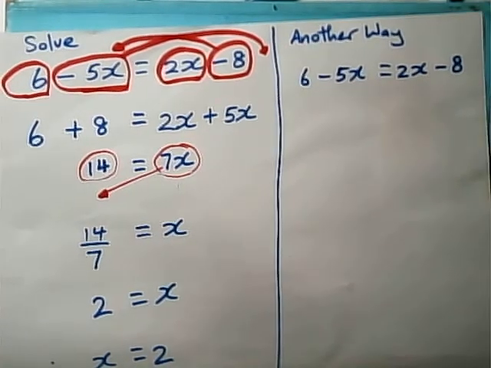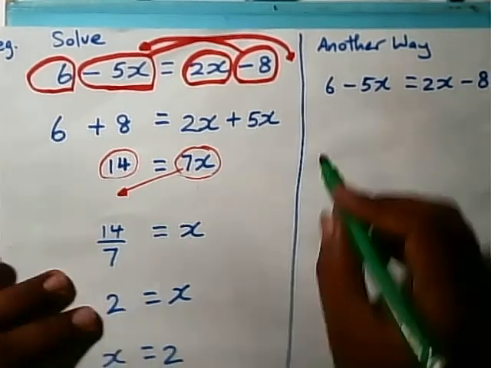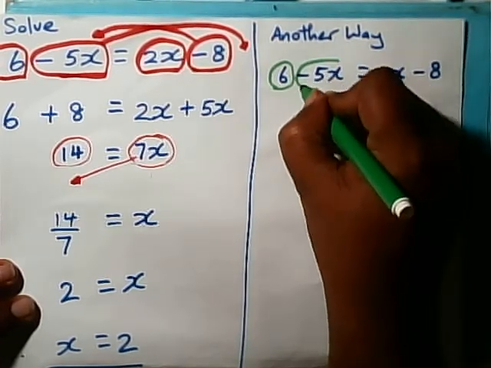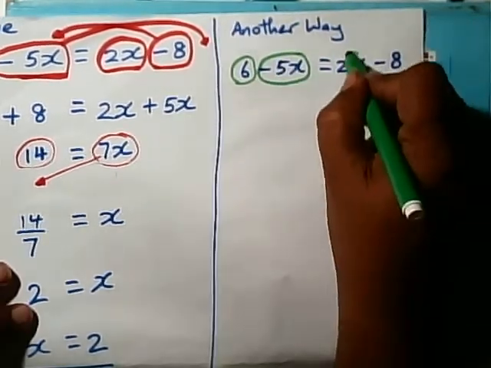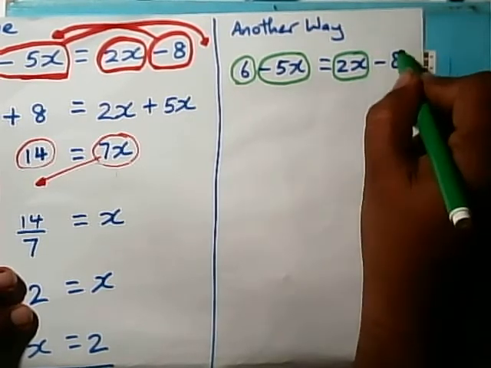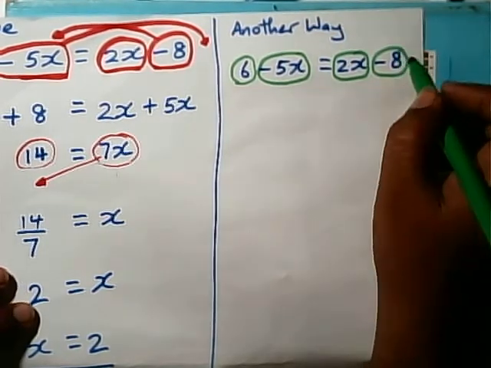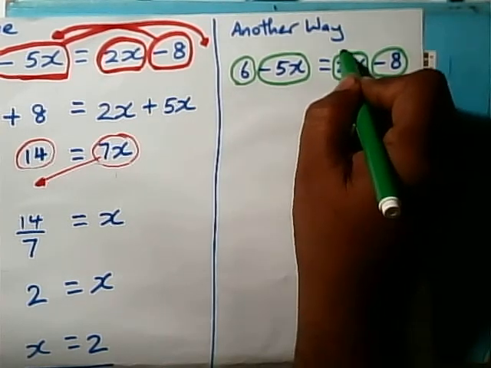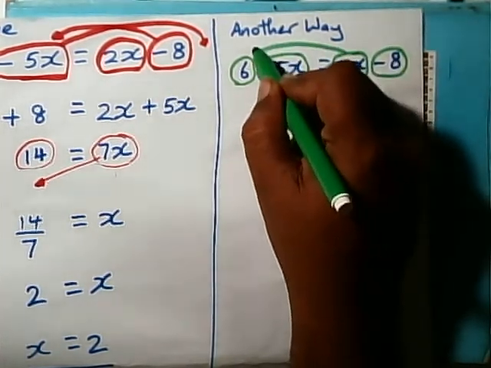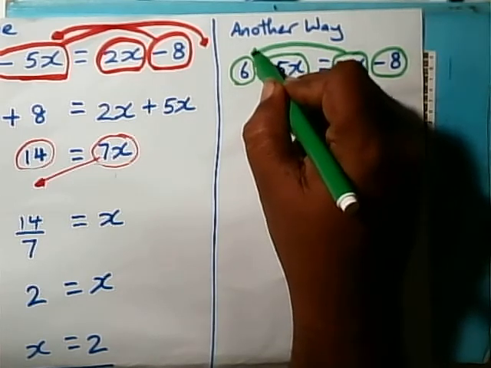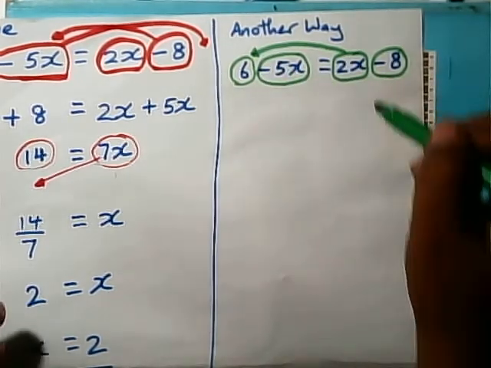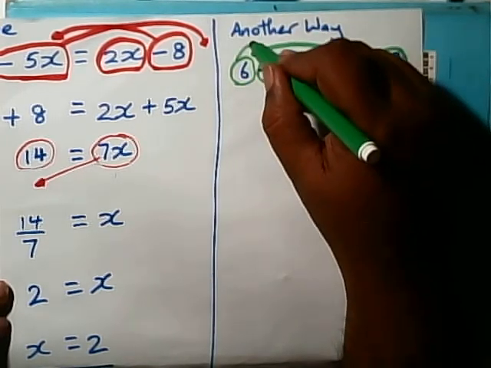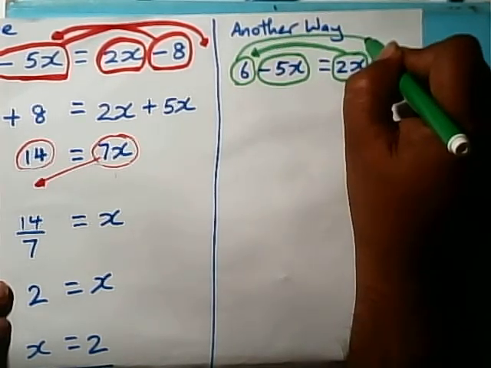Let's start off once again by circling our terms. 6 minus 5x, 2x, and minus 8. Let's strategize a different way. Let us bring all the x terms on this side. And I'll take all the numbers and move them across. I'll take this number 6 and move it across here.